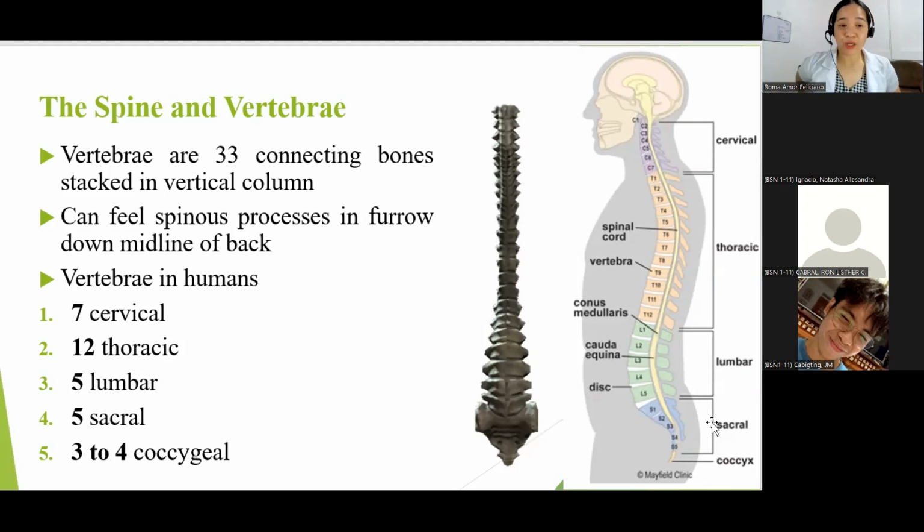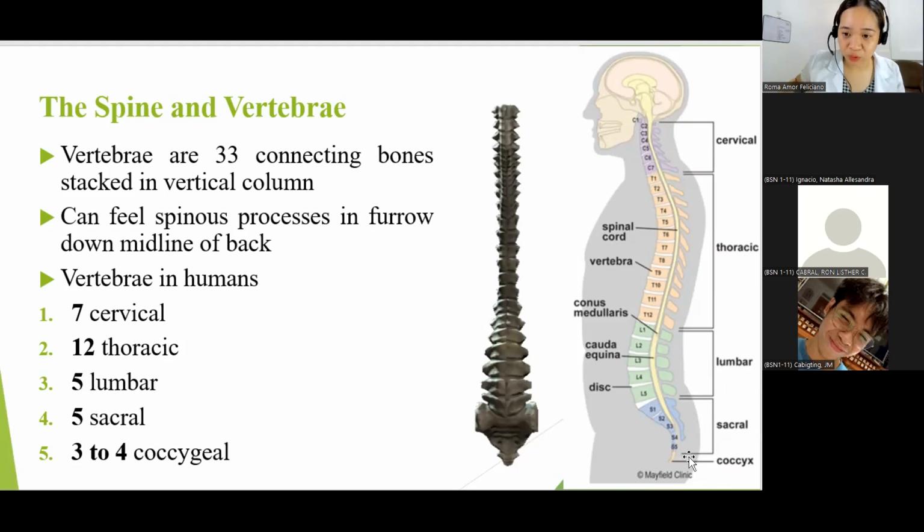Hindi yung balakang. Lalo na kung meron kang scoliosis or overweight, nahihirapan ang iyong tailbone. Or kapag nasaldak ka or bigla kang nadulas, ang tumatama doon ay ang iyong tailbone.